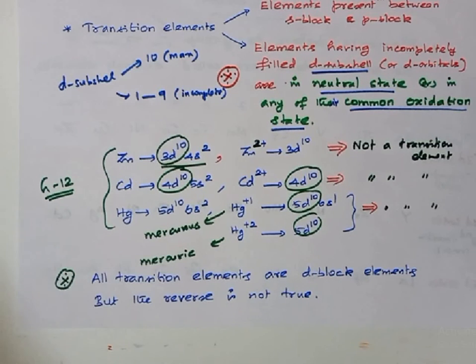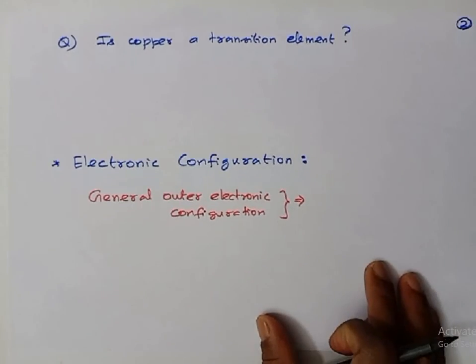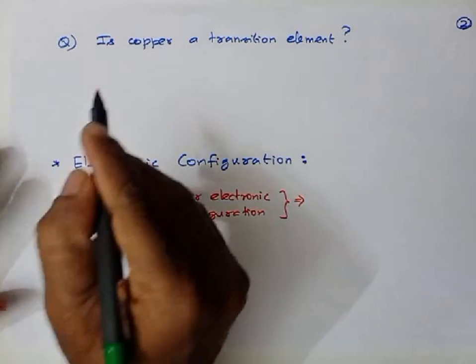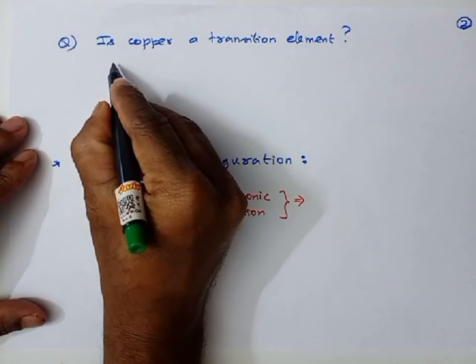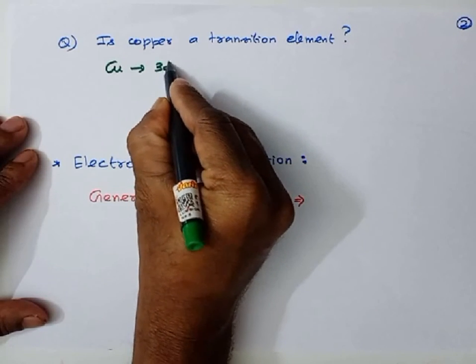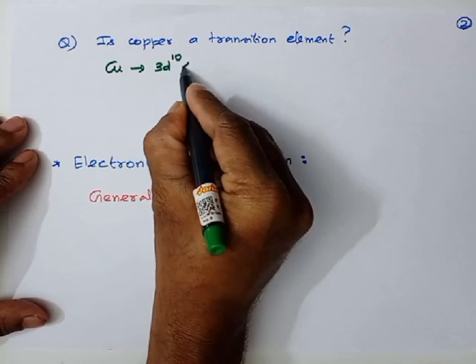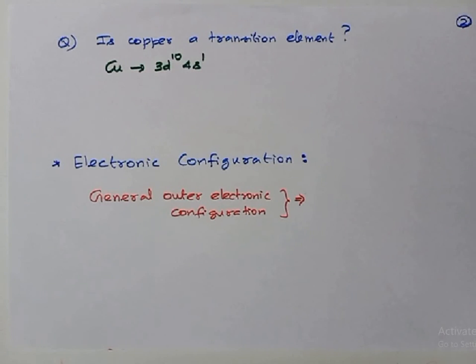Now, let me ask a few questions here, student. Try to answer this question. Is copper a transition element? The electronic configuration of copper is 3d10 4s1. This is the electronic configuration of copper.